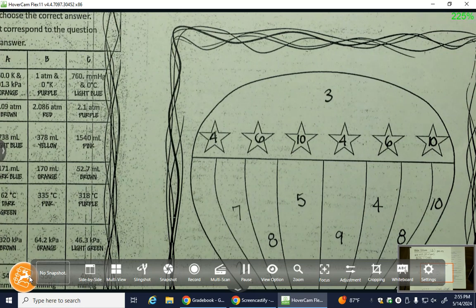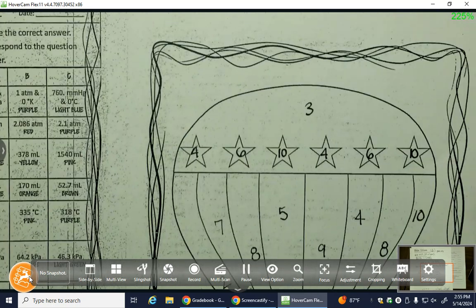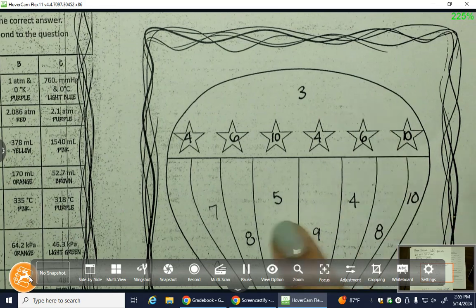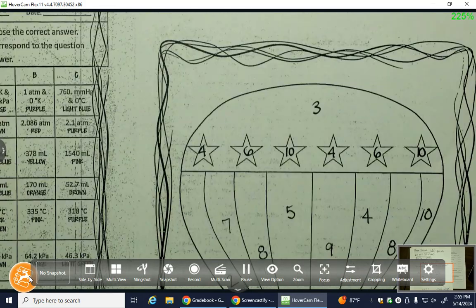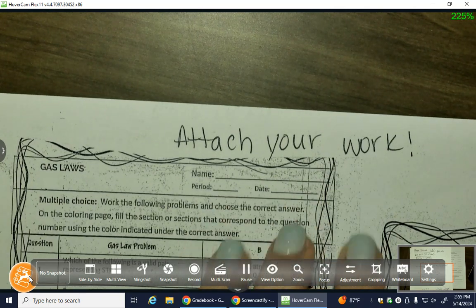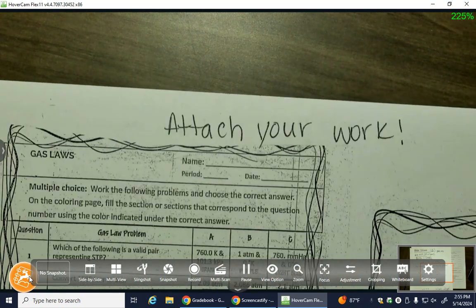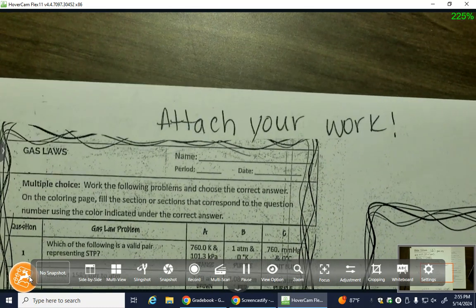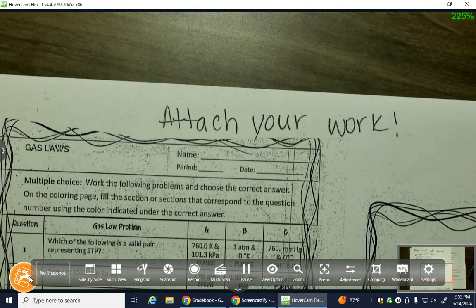If you don't, if you have a stack of missing work that you need to take care of, then feel free to get the right color and do a squiggly. Just show me that you put the color in the right spot. That would be fine with me. You do have to show me your work, so make sure along the way you're showing me your work. If you put it into your journal, be ready to snap a picture and email that to me.